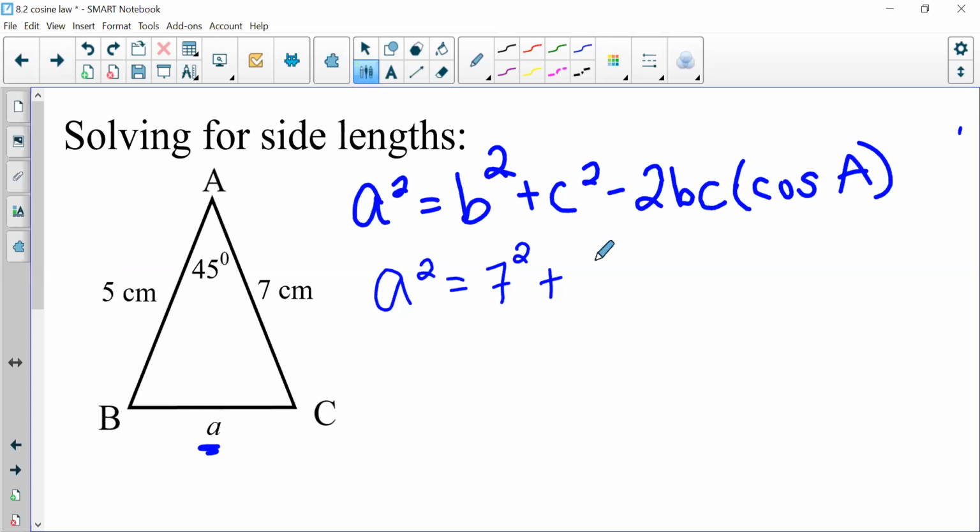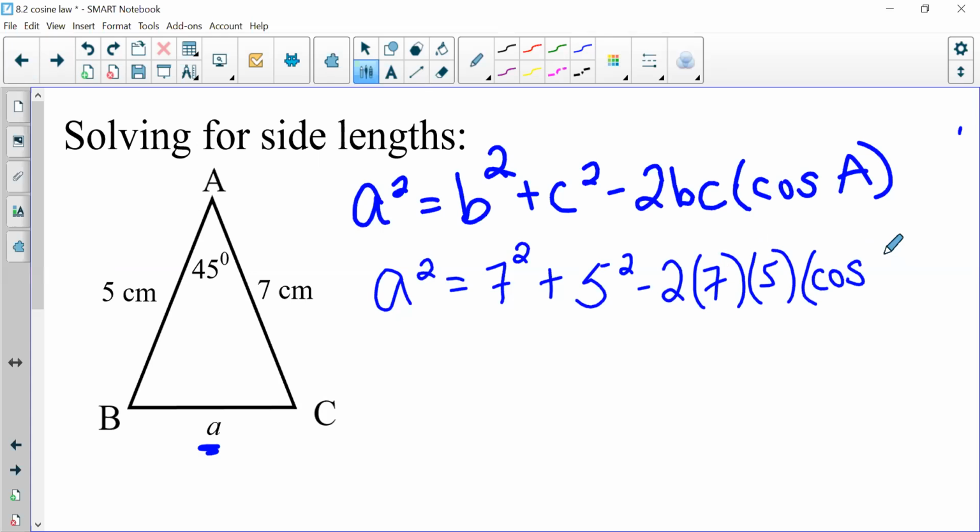Five centimeters. Perfect. I'm going to repeat B and C, so 7 and 5. And how big is angle A? 45 degrees. Awesome.